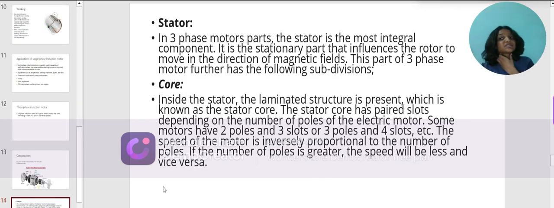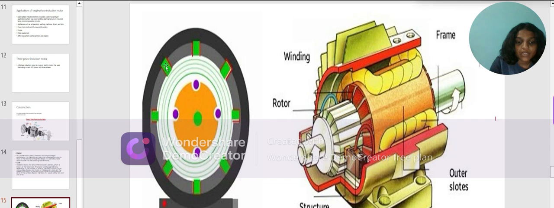Stator is a stationary part. You already know that. The stationary part of the motor is known as stator, and slots are available in the inner portion of the stator, and three phase winding is placed in the slots.